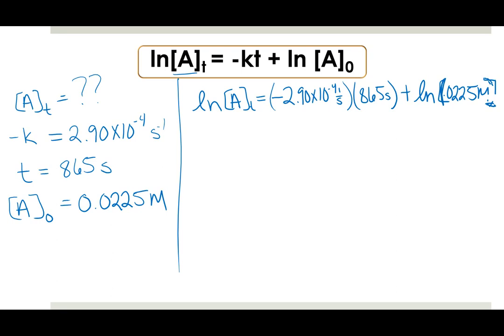Let's plug some of these values into our calculator and clean up the right-hand side. Over here we still have natural log of A at time t, which we're still trying to solve for. First, I'm going to multiply these two numbers together: negative 2.9 times 10 to the negative fourth times 865.